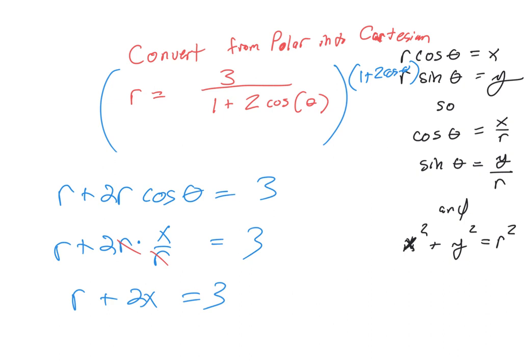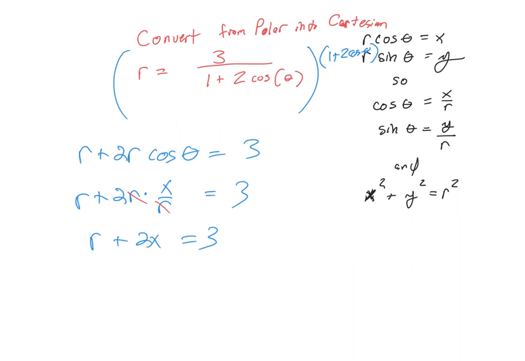Does that help me? And then, oh yes, I'm going to solve for r. r equals 3 minus 2x. The reason why I want to do that is if I can get r by itself, I can then square both sides.